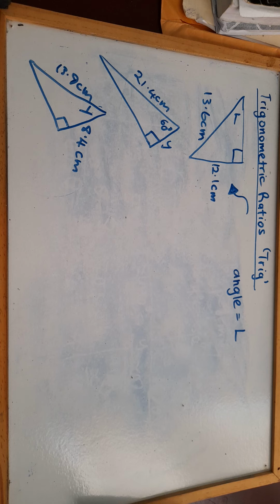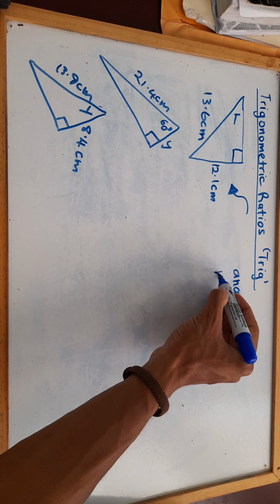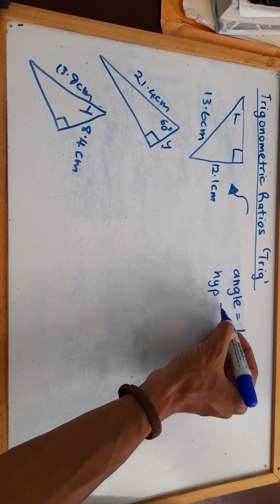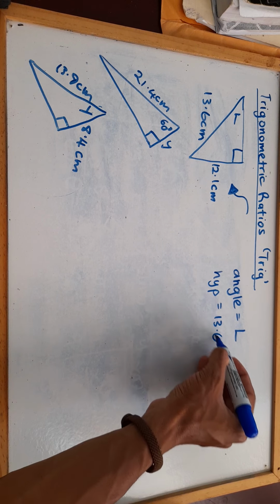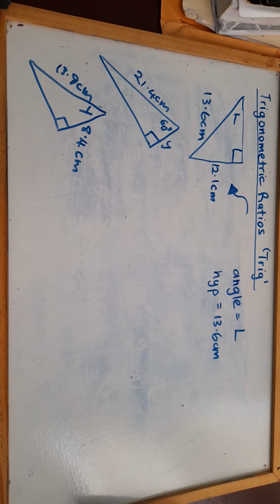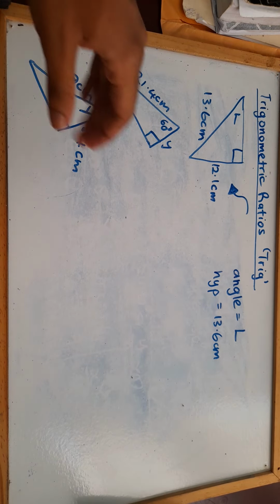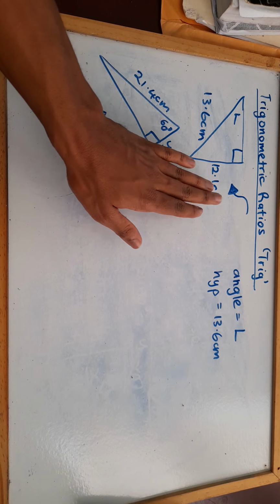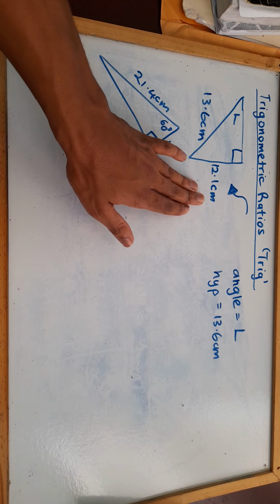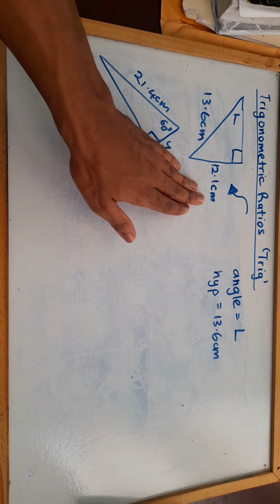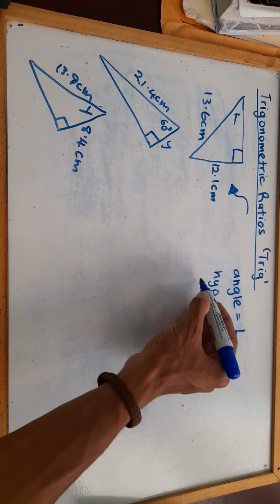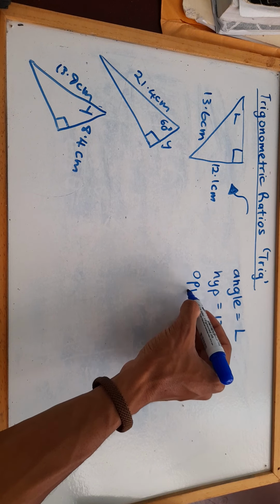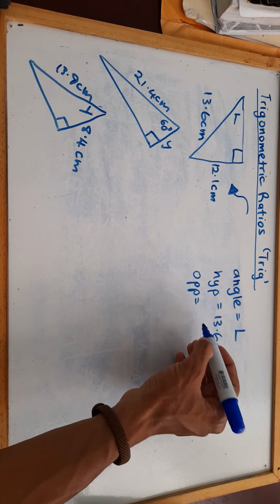The hypotenuse is 13.6 cm and this side is 12.1. Is it our opposite or adjacent? It's the side opposite of our L, so it's our opposite side.